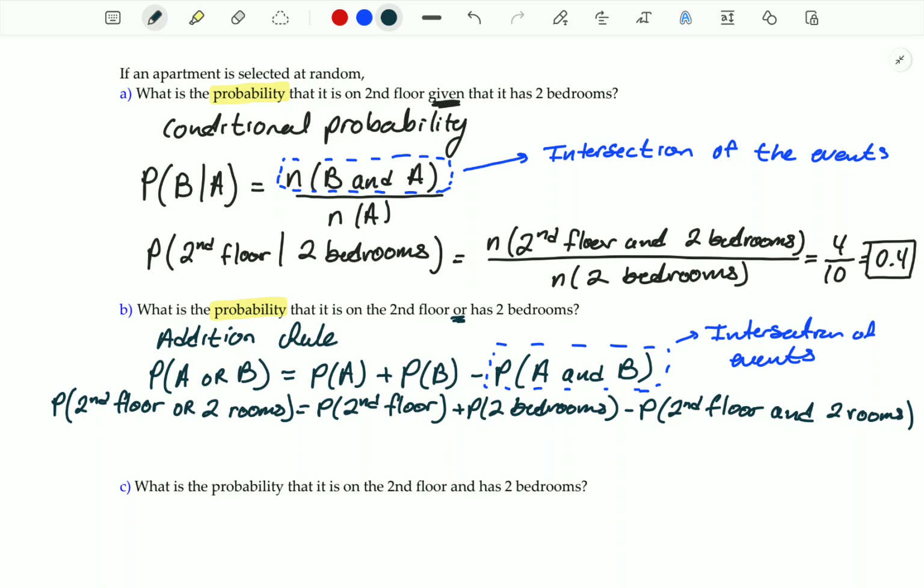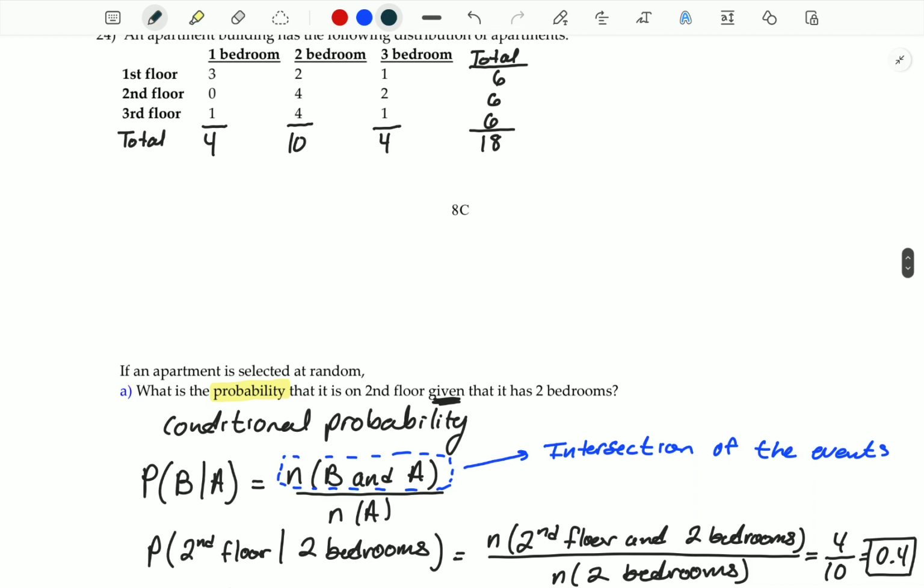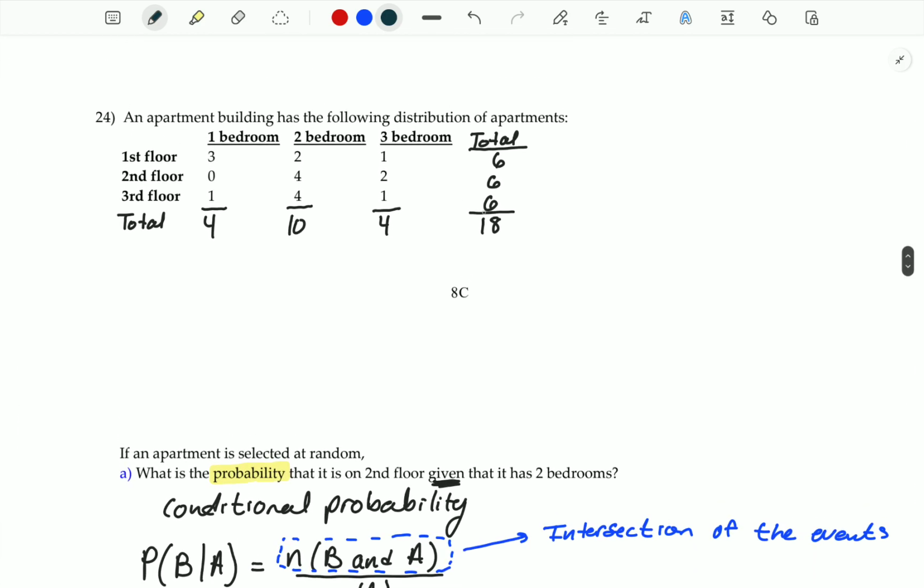So there are 18 apartments in total. Out of 18 apartments, as we can see, there are a total of 6 apartments on the second floor.